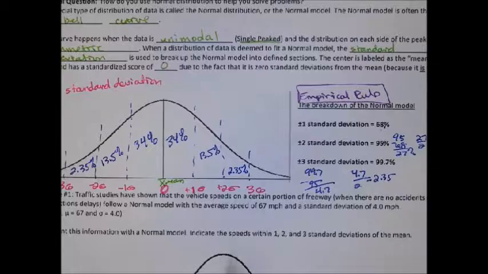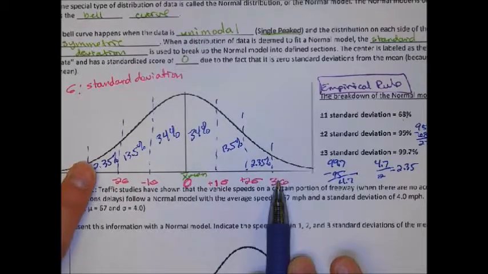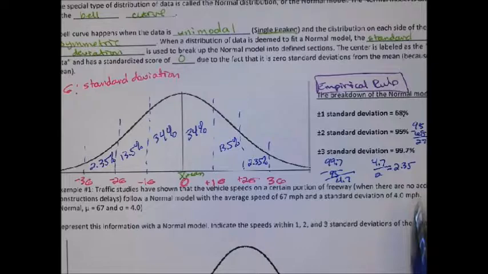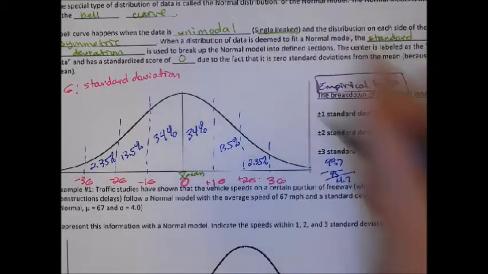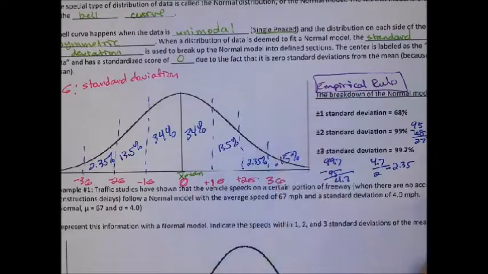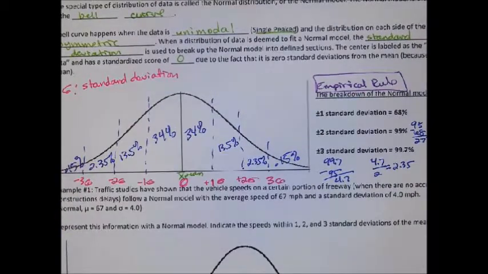Now, how much is on the tails? Well, if 99.7% is in this region, that gives us 0.3% on the outside. So then I have 0.15% and 0.15%. And these numbers are going to be what we use down here.